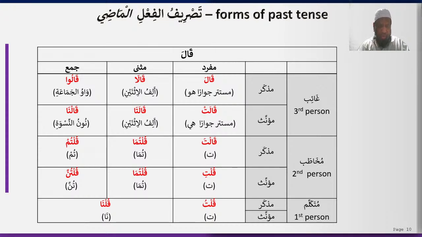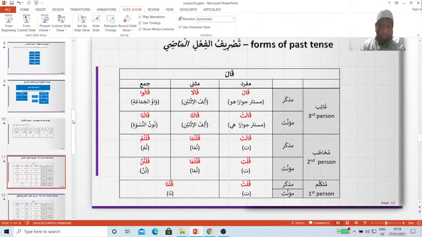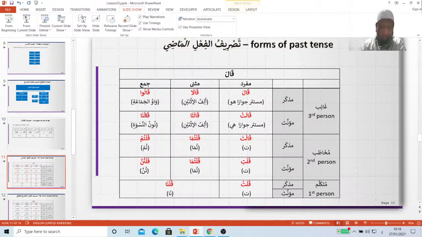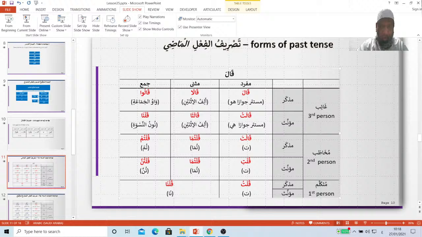So let me show you. So the original was like this. Bring the original waw back. And waw demands dhamma before it. So قولنا, اجتماع ساكنين. Waw is a sakin letter, and the lam is also a sakin letter.